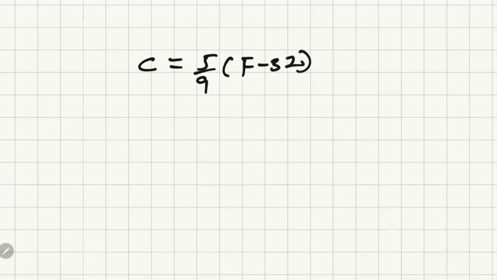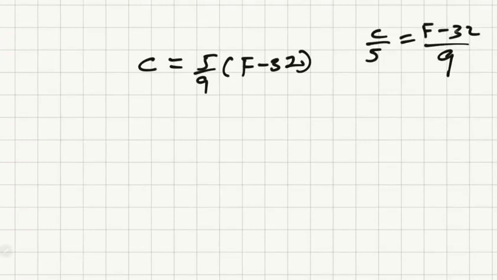So the Celsius reading is 5 over 9 times the Fahrenheit reading minus 32. So this is when you write C as the subject. Please don't forget this one. C over 5 is equal to F minus 32 over 9 is the most important relationship between the Celsius and Fahrenheit readings.